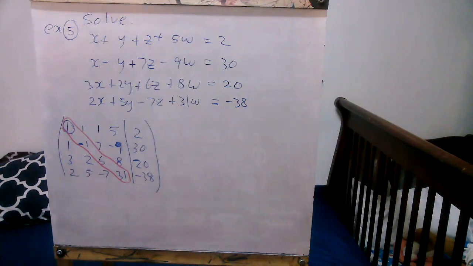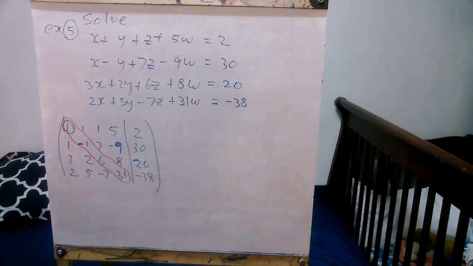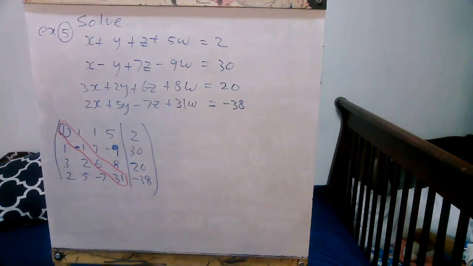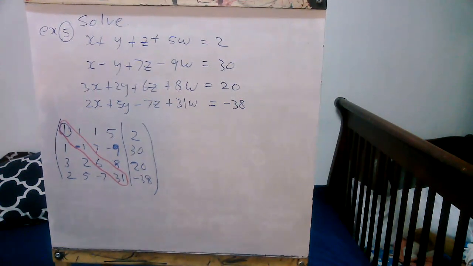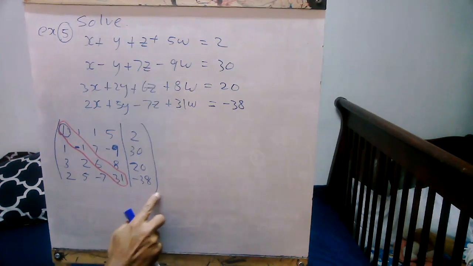Finally, I picked this question not just because it has 4 equations, but also because it has 2 zero rows.